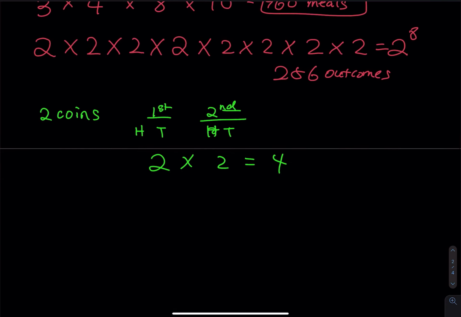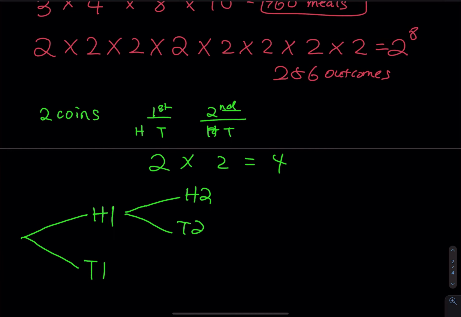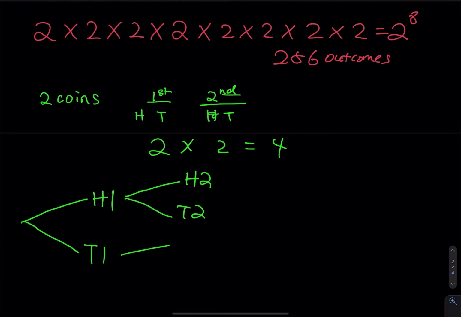What about a tree diagram? This is the first toss. You have a head or tail, so you can call them H1 and T1. And then the second toss can be a head or tail. For the first tail, the second toss can be either a head or tail, right? So how many options do you have?